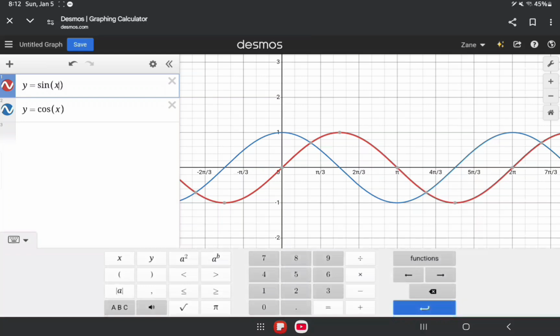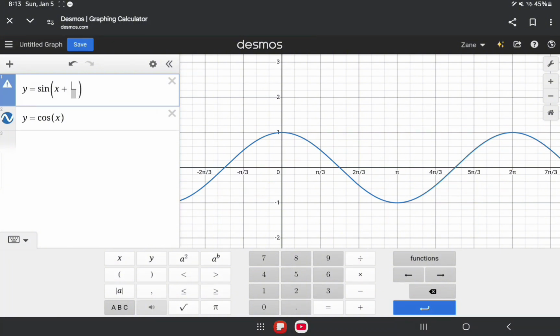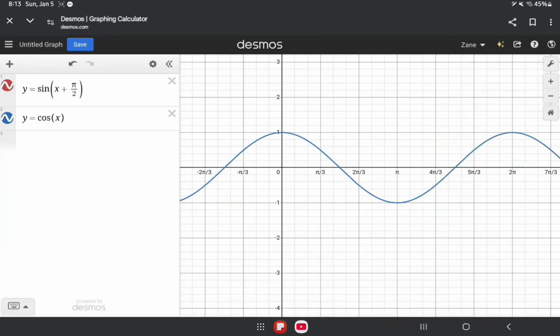So here in red, if I did sine of x plus pi over 2, and if you remember from the last video, if I do x plus pi over 2, then that means that the entire graph will shift to the left by pi over 2. You'll notice that they are now the exact same graph. They both line up together.